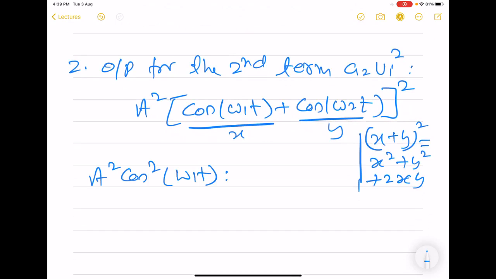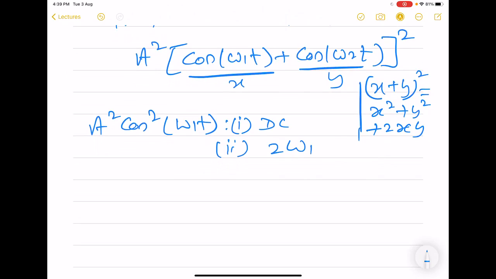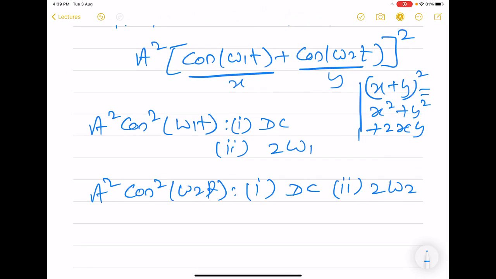And this type of term we have already encountered for one tone case, and we found that this gives rise to two components, one at DC and second at 2 omega 1. Similarly, the second term cos square omega 2t, this will also give rise to two terms, again at DC and at 2 omega 2.